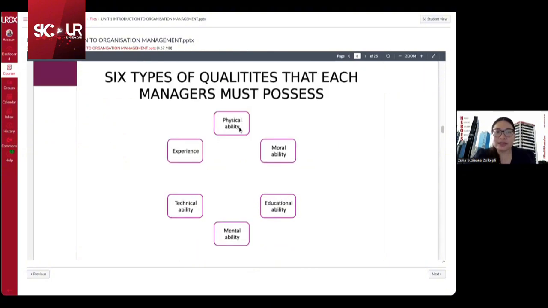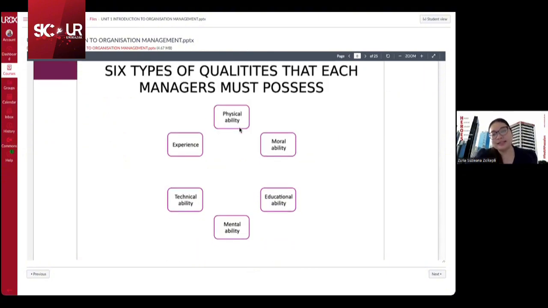These are 6 types of quality that each manager must possess. Okay, so this is a general or basic thing. It is more than that, actually. But for me, I always love to categorize the skills or qualities that managers possess into 3 categories.